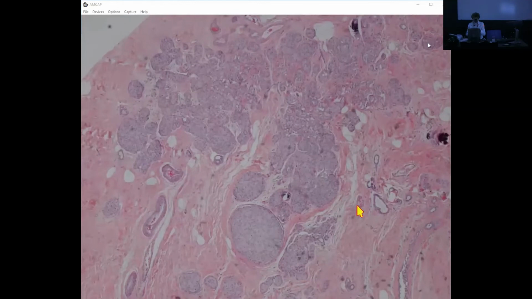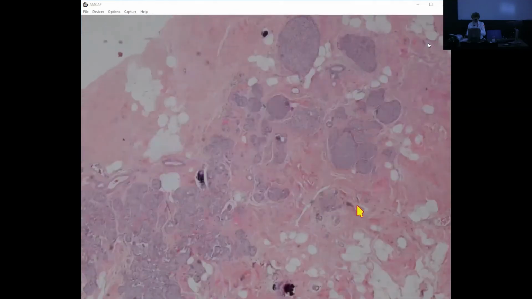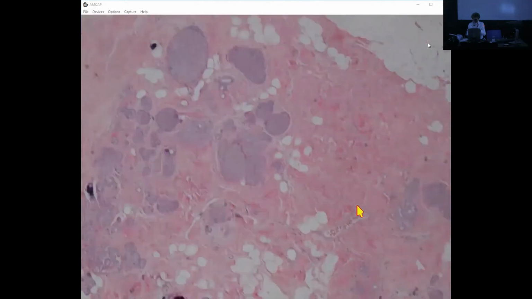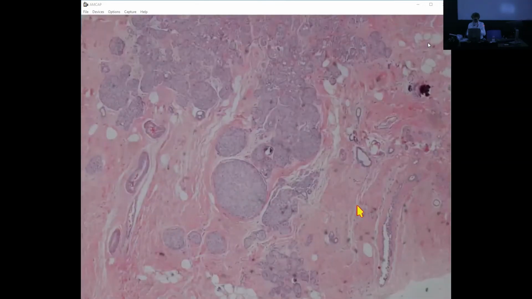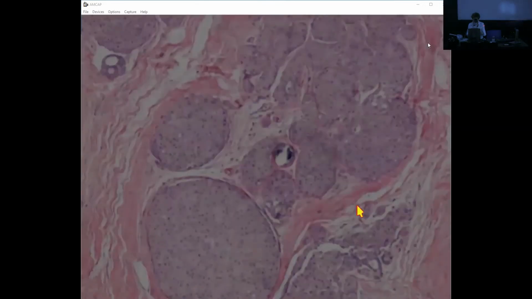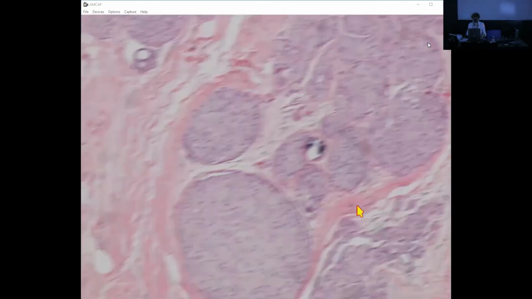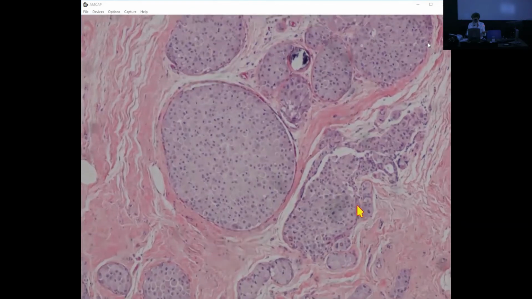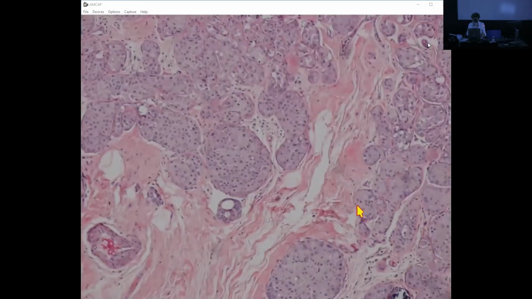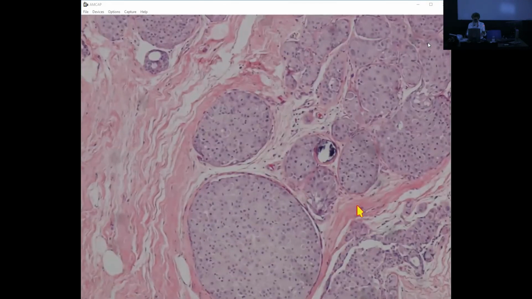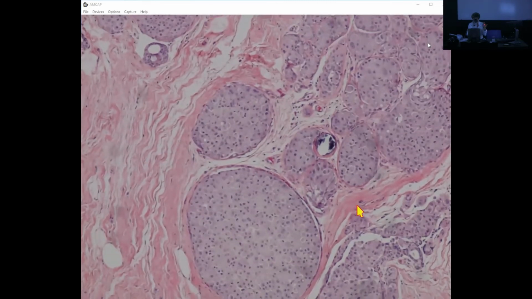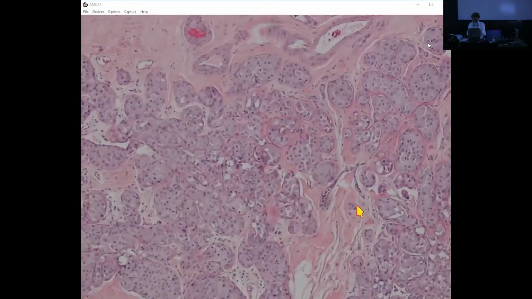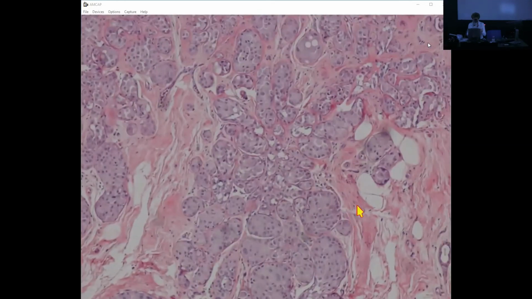I think I would call this florid LCIS and classic LCIS. There are at least 2 or 3 or even 4 or 5 acini that are massively expanded by this very monotonous proliferation of lobular cells. So if I had this in a core, I would say florid LCIS, maybe very similar to the case before with apocrine morphology, but in some other areas it is involving sclerosing adenosis.